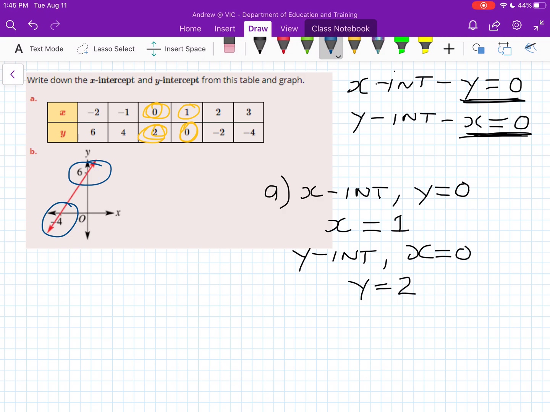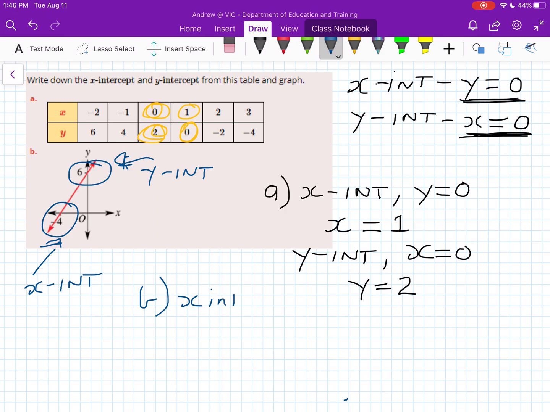So our top one up the top here, this one is our y-axis that goes vertically up. So this is our y-intercept, and our x-intercept is down here, where it goes through the x-axis. So for B, all we just need to do is from observation here, we've got our x-intercept.